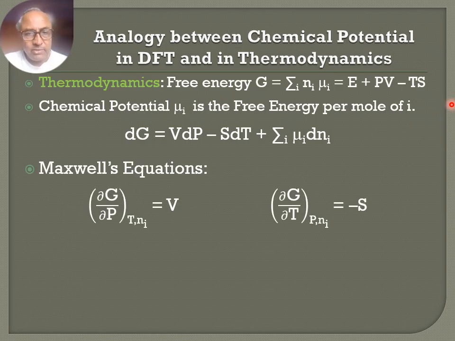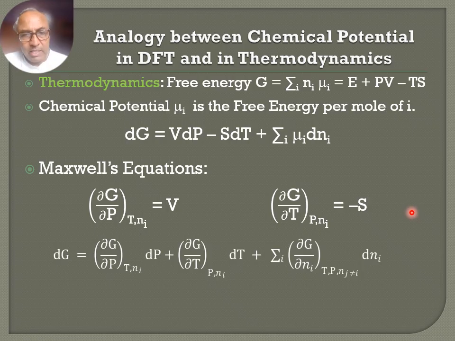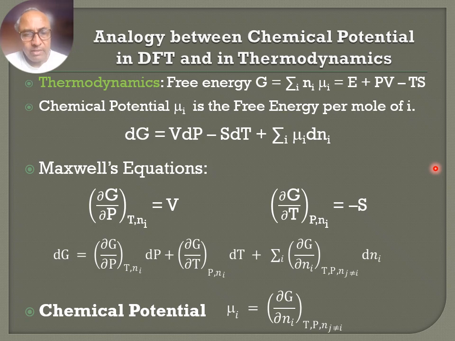And with Maxwell's relations, that is del G by del P at constant T and Ni equals V, and del G by del T at constant P and Ni equals minus S, we can write dG equals del G by del P at constant T and Ni dP plus del G by del T at constant P and Ni dT plus sigma i del G by del Ni at constant T, P and Nj not equal to i dNi. Thus, the chemical potential mu i is equal to del G by del Ni at constant T, P and Nj not equal to i.